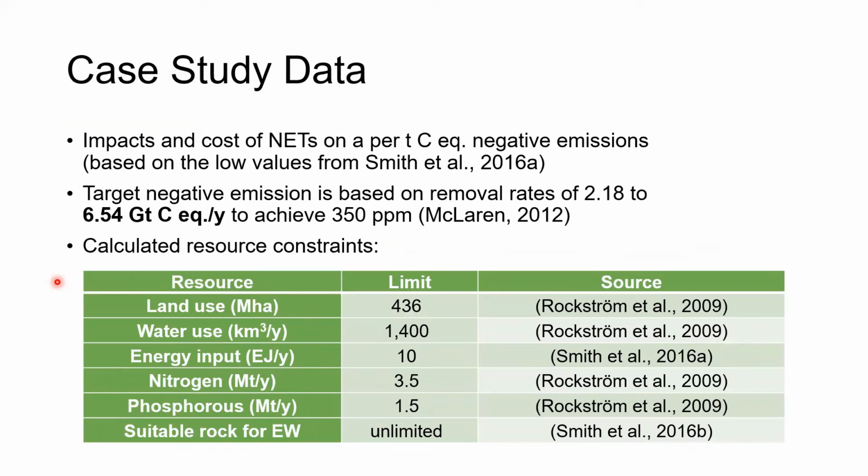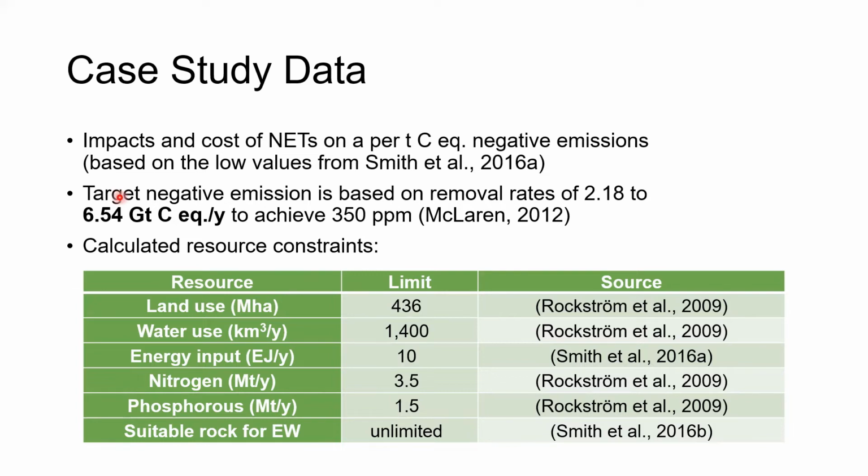In this work, 6 terrestrial NETs were considered, namely BECCS, AR, SES, biochar, DAC, and EW. The impacts of each NET on a per ton carbon equivalent of negative emissions, using the low impact values from Smith and colleagues as shown earlier, were used.